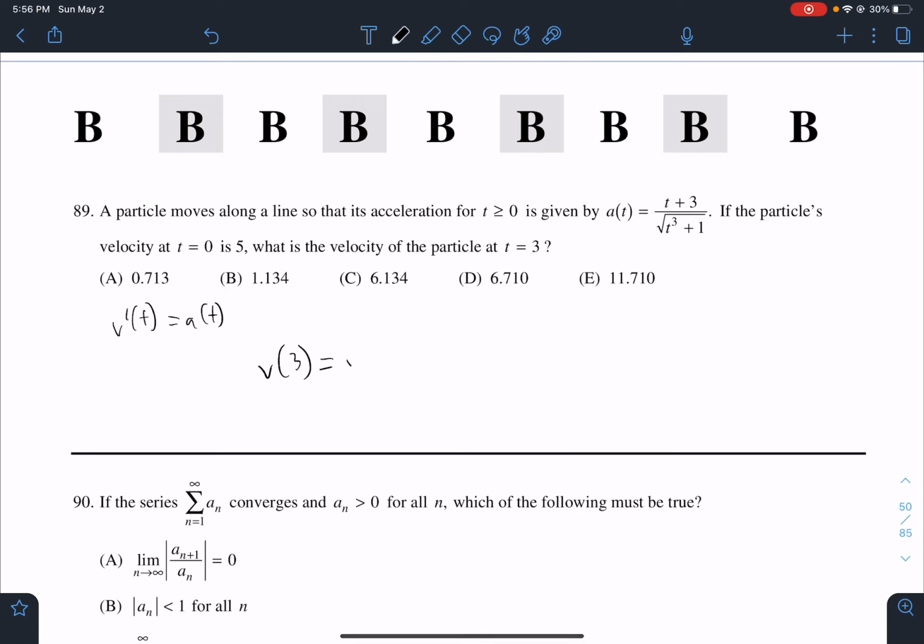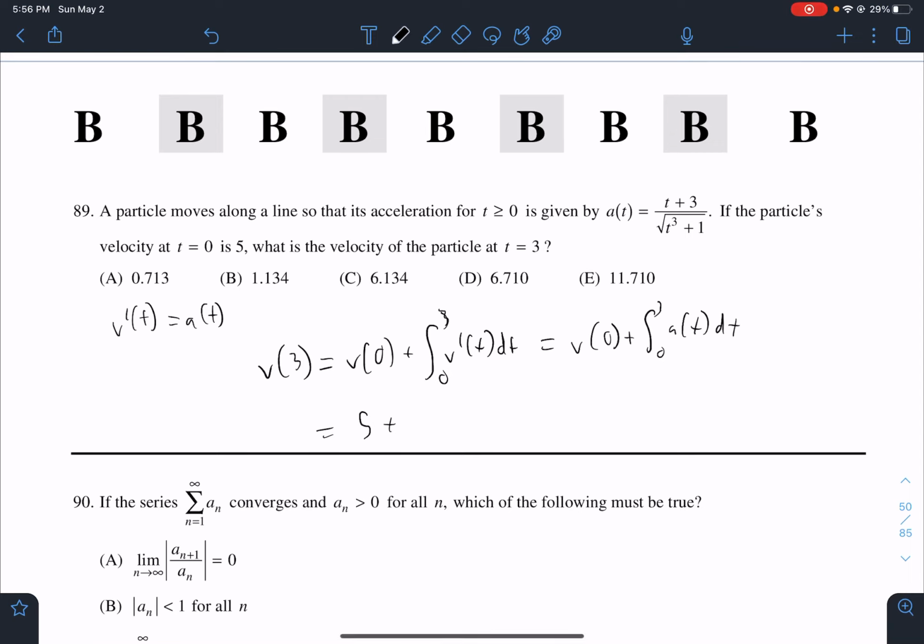This will be equal to v of 0 plus the integral from 0 to 3 of v prime of t dt. We know from the problem that v of 0 is 5. And now let's rewrite this: the integral from 0 to 3 of a of t dt.